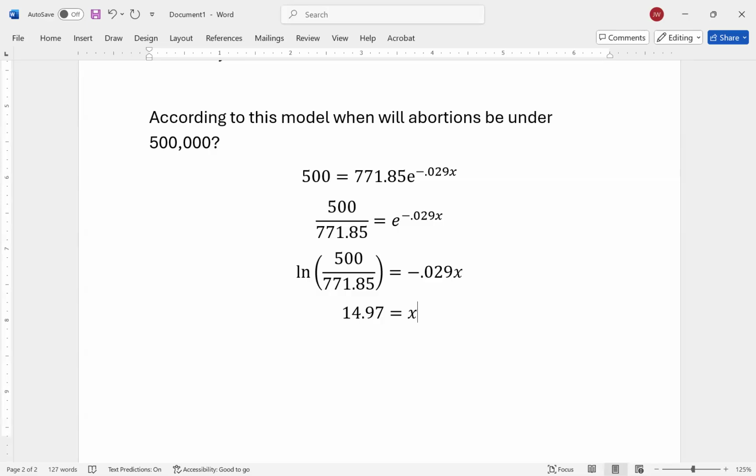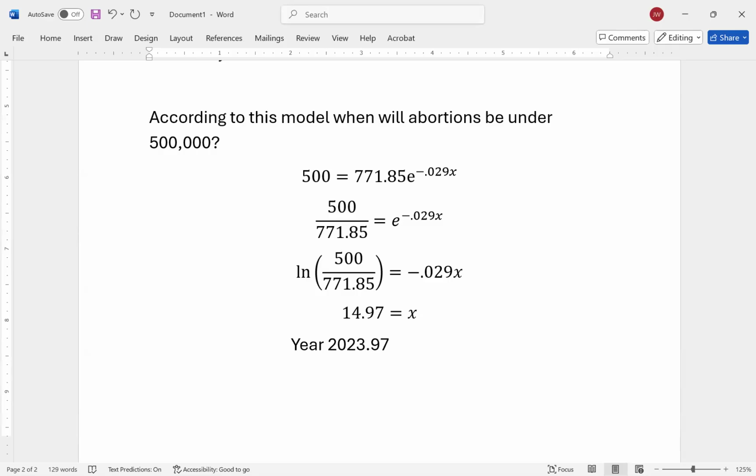Now remember, x is years since 2009. So if you take 2009 plus 14.97, that means we're talking about essentially the year 2023.97. So almost 2024 would be the prediction there.